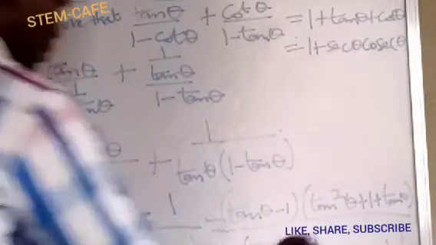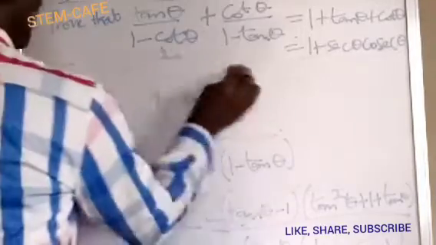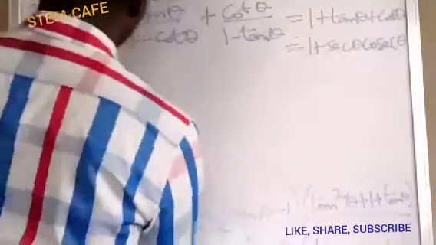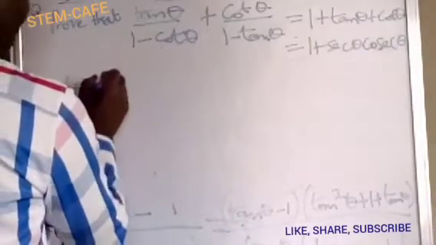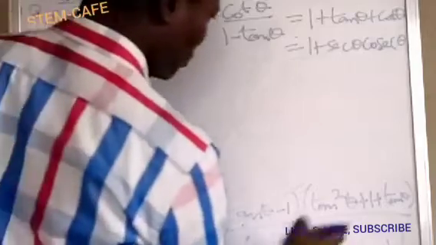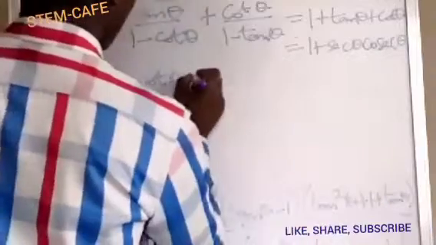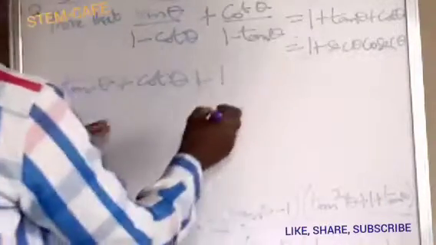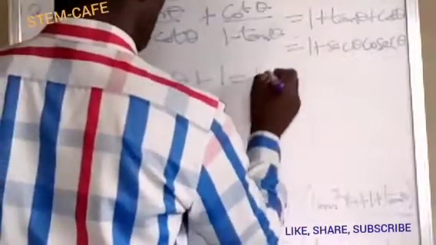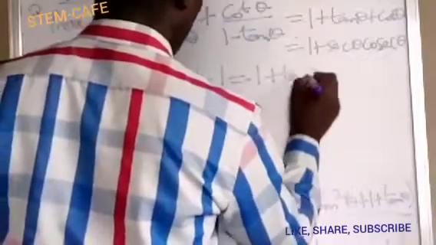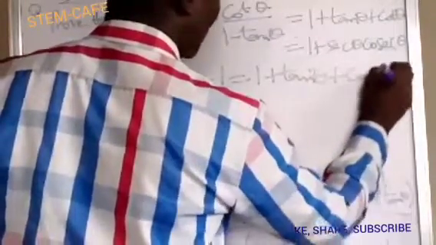Now let me cut it. Here we cut this one. So this one will give me tan theta, this one will give me cot theta, and this one will give me 1. So it is the same thing as what we have here, 1 plus tan theta plus cot theta.